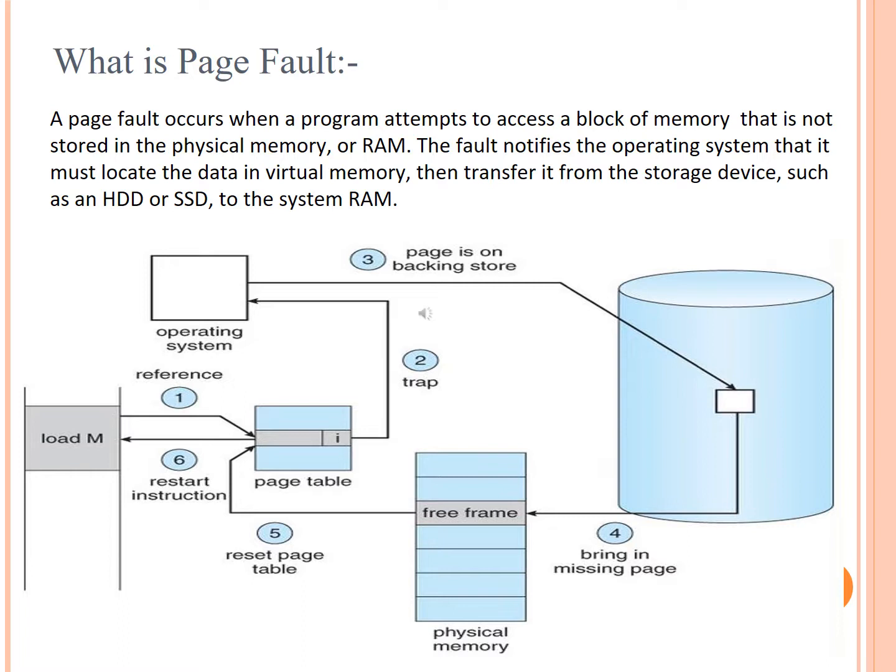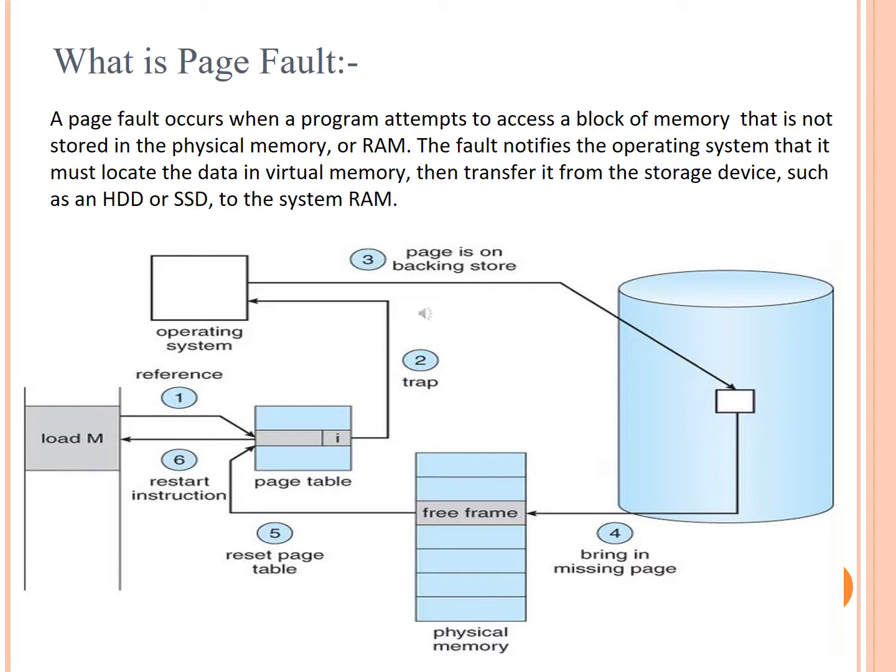Next is, what is a page fault? A page fault occurs when a program attempts to access data or code that is in its address space but is not currently located in the system RAM.